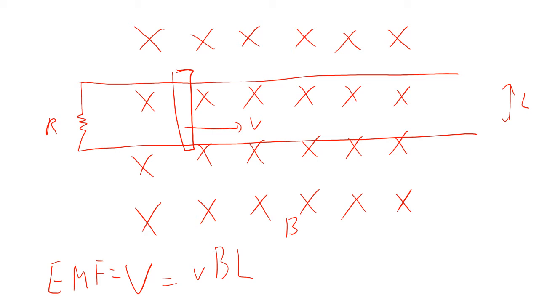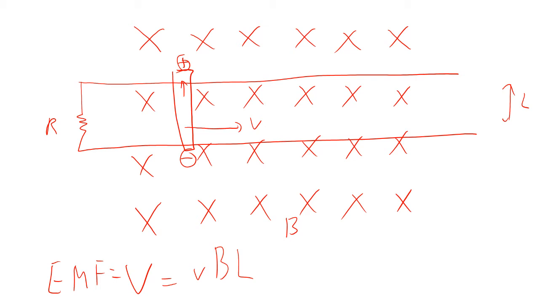The direction of it: right-hand rule. Put your hand in the direction of v, the velocity. Curl your fingers in the direction of the magnetic field, and your thumb is going to point upwards in this case. So that's going to say this is the positive end, and this is the negative end of our EMF.